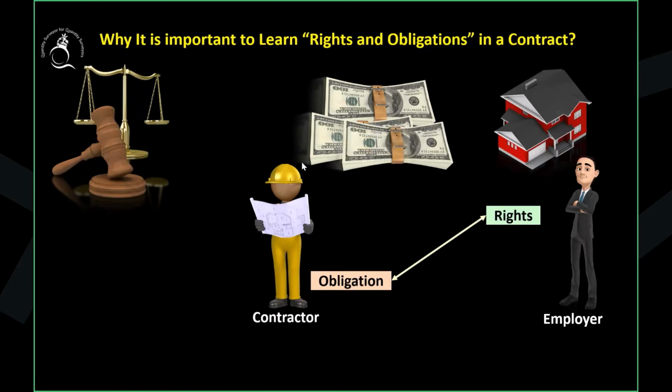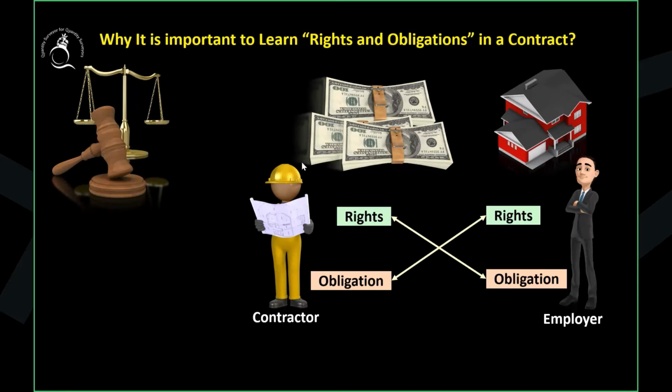Now, what about the contractor's rights? He wants to get paid. He's doing business, so he wants to get paid as per the work done. So, what about the employer's rights? He needs to have the building. What are the contractor's rights? He needs to have the payment as per the work done. So, the contractor's right becomes the employer's obligation. The employer must pay the contractor according to the work done.